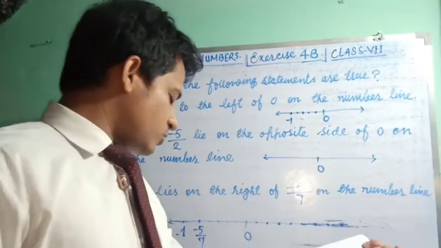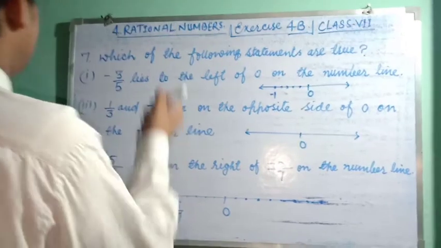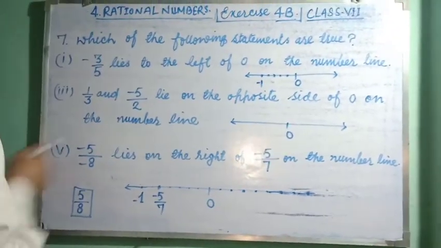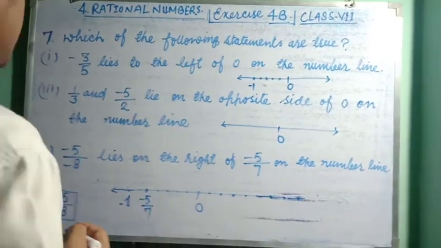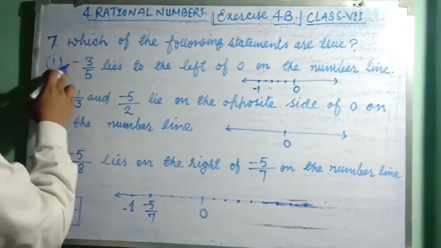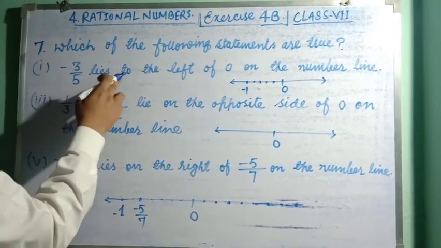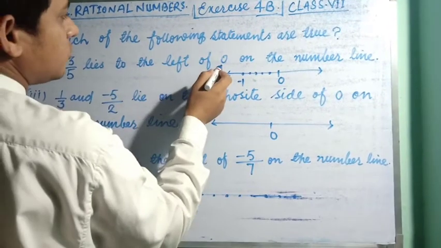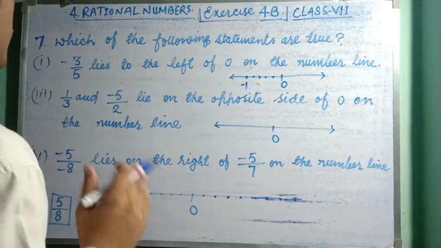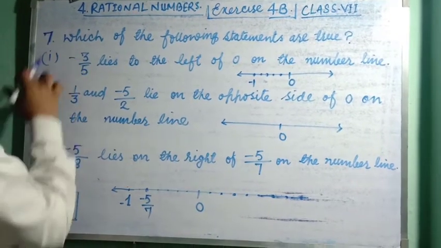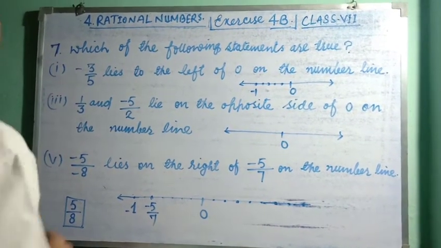Now move to question number 7. As you can see, question number 7 asks which of the following statements are true. First, minus 3 by 5 lies to the left of 0 on the number line. We have to only reply true or false. We have taken two sub questions of question number 7, first and third.